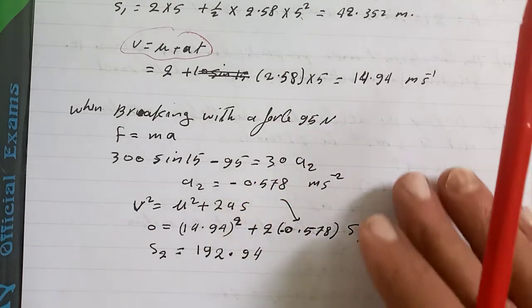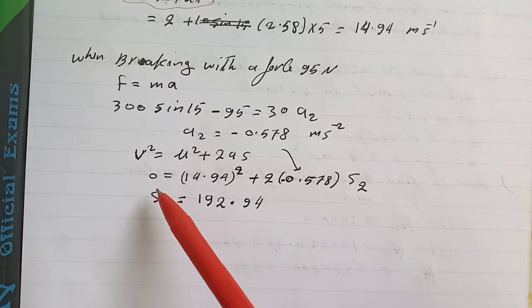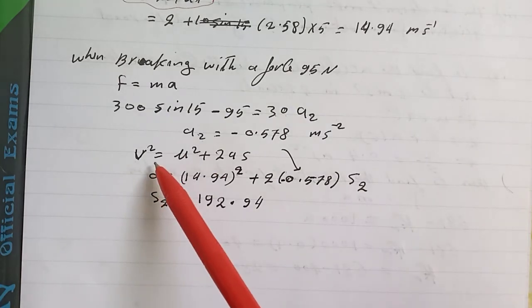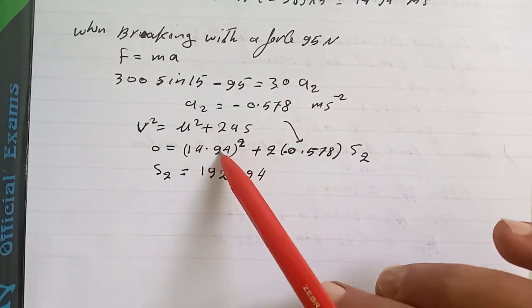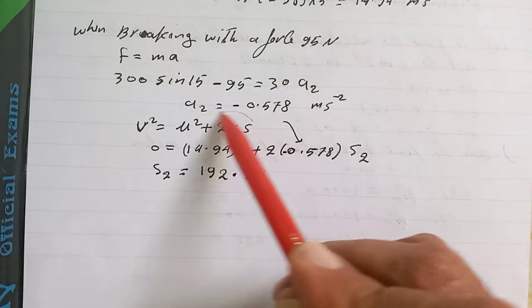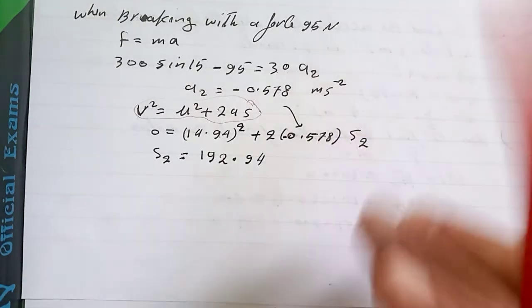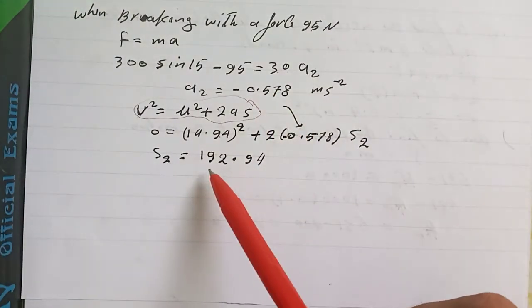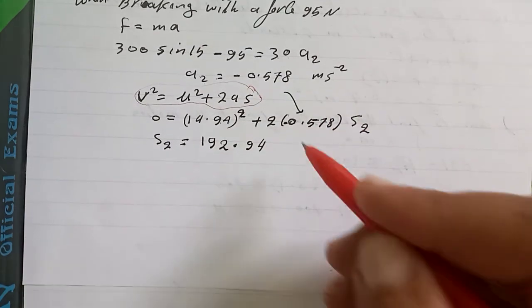By using this deceleration, the final speed will be 0. The initial speed will be 14.94. Using this equation of motion, I can get the second displacement, which is 192 meters.